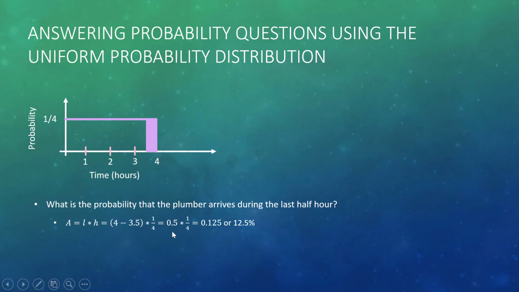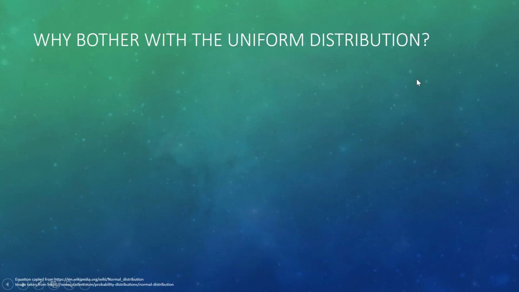That's why 1/2 is here. If you wanted to do the math, it would be 4 minus 3.5. And again, the height is still 1/4, so we have 0.5 times 1/4, and that gives us 0.125, or about 12.5%.